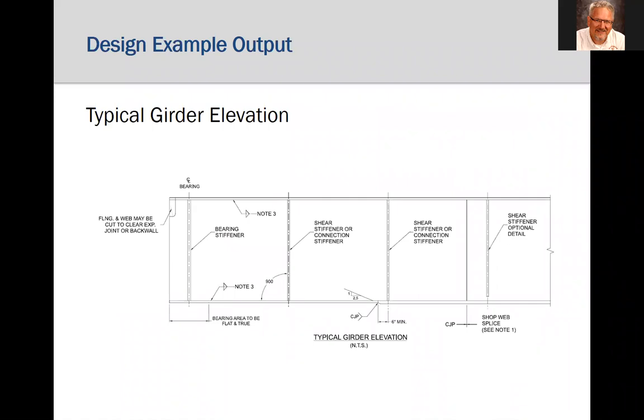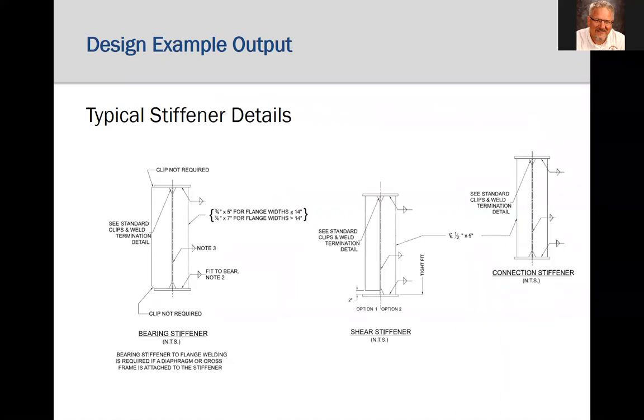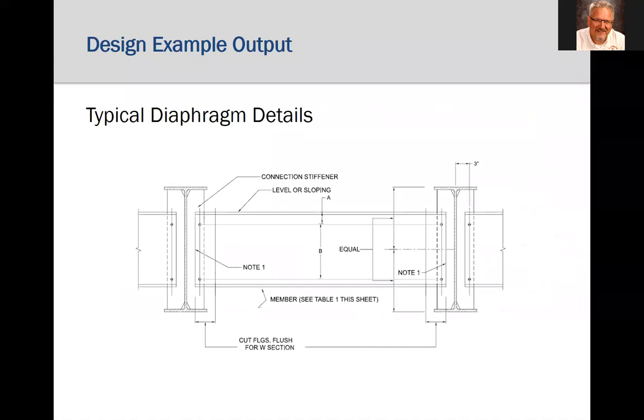There are also drawings for the typical details shown here for the plate girder. Simple details have been designed for easy fabrication and economy. Here are the bearing, intermediate, and connection plate stiffener details. The simple and economical bent plate or channel diaphragms are adequate for simple span bridges, and they are economical.